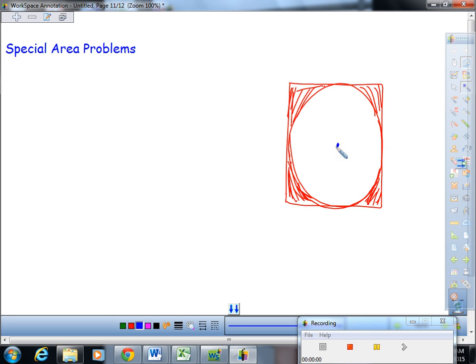All right, so let's say that this is a 10 by 10 square, and we want to find the shaded area. Well, now we know that our radius must be 5. So it's like we had a square and we cut a circle out of it. So the area of the shaded region would be the area of the square minus the area of the circle.